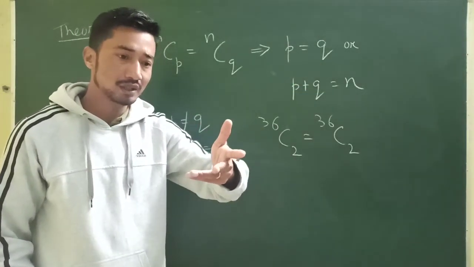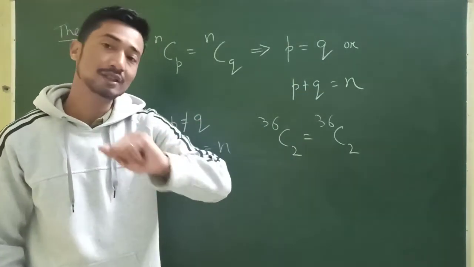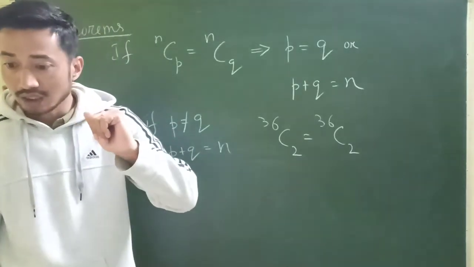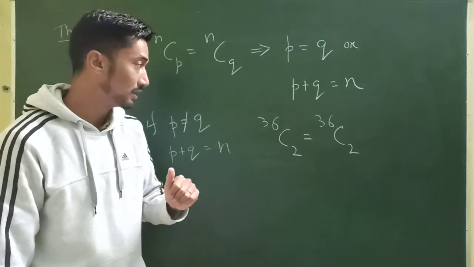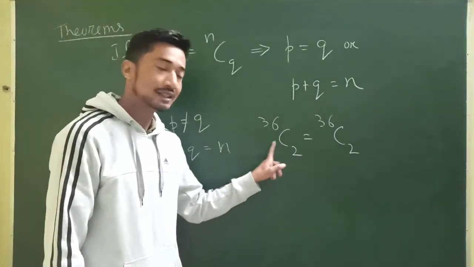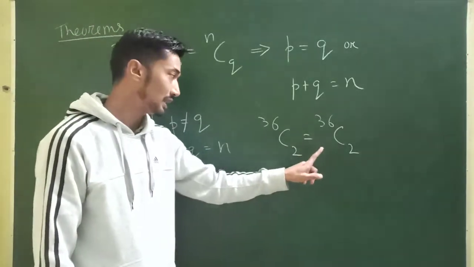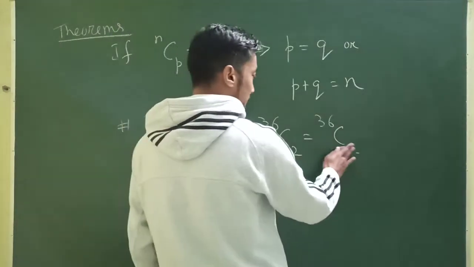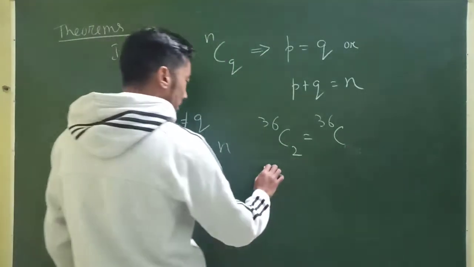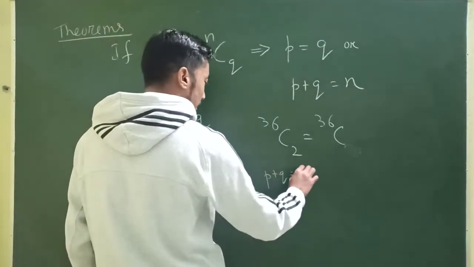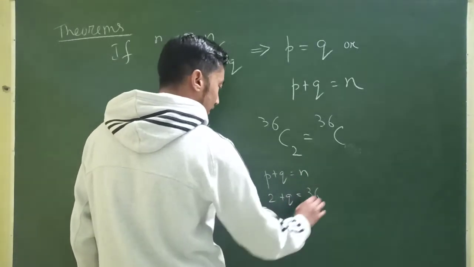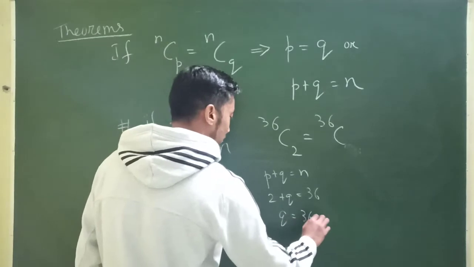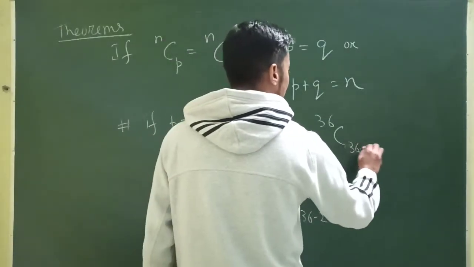But you remember the second theorem that I gave you today, not the first theorem. There is another way of writing this 36C2 also. What was that? It can also be written as, if p plus q is n, then if p is 2 and n is 36, then q is 36 minus 2.